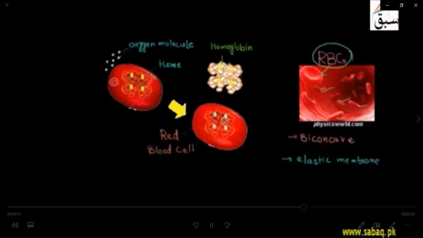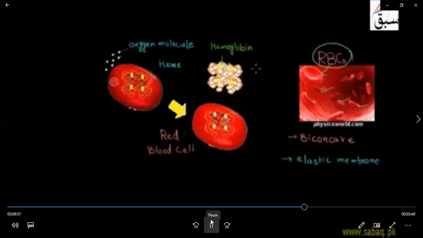Now, how does it transport oxygen throughout the body? This RBC has 95% of a protein called hemoglobin. Basically, this is a globular protein present inside the red blood cells, and it has a specific group called the heme group. This hemoglobin has the tendency to attach to an oxygen molecule.